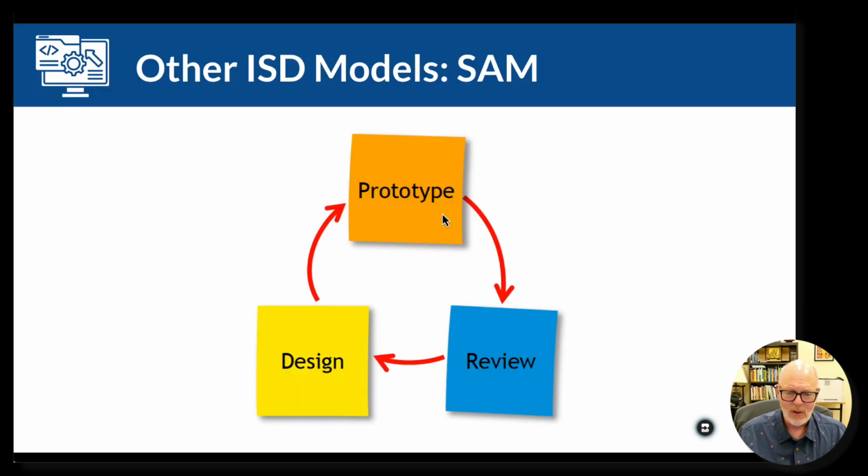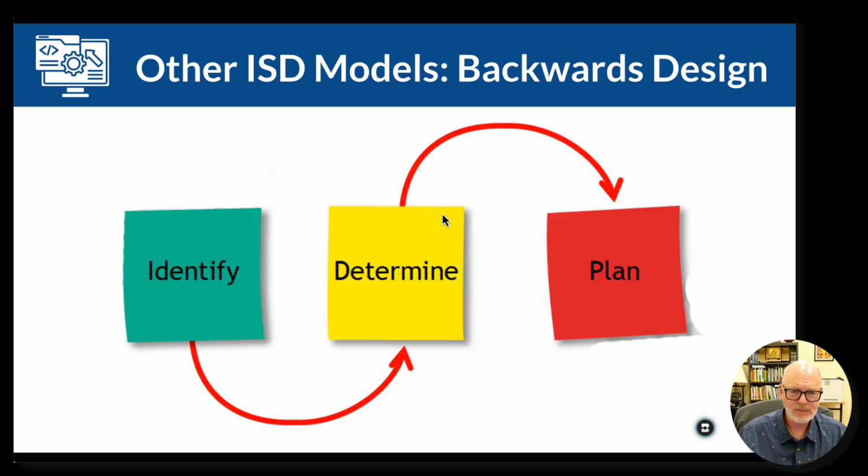We have SAM, where you design a prototype, you review it, and then you design, right? This ongoing iterative process is a little simpler than ADDIE, and not quite as in-depth, and it doesn't do as much of, we'll call it, the pre-work that happens when we're doing the deeper analysis.